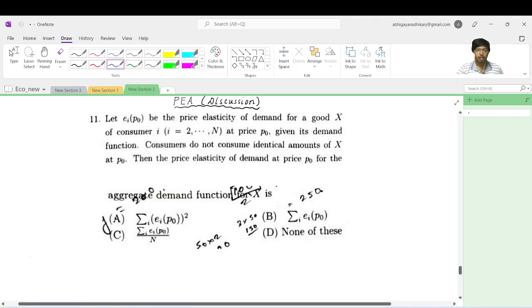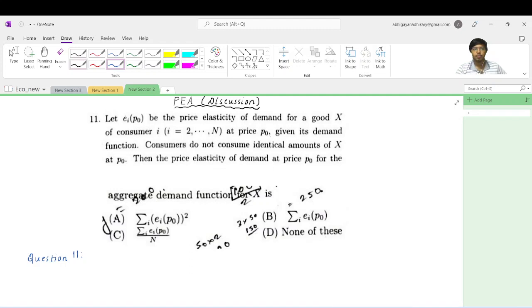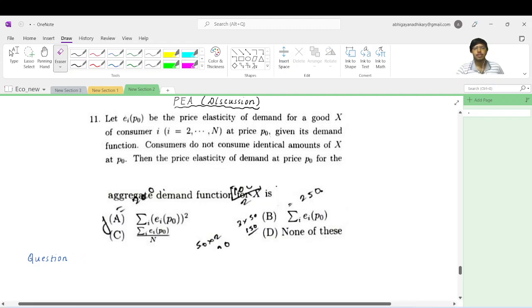Now let us understand that, instead of going in for this n consumer case, you can easily check for the two consumer case and then see which option matches. That would be an easier way to understand this. So let's say we consider two consumers, 1 and 2.